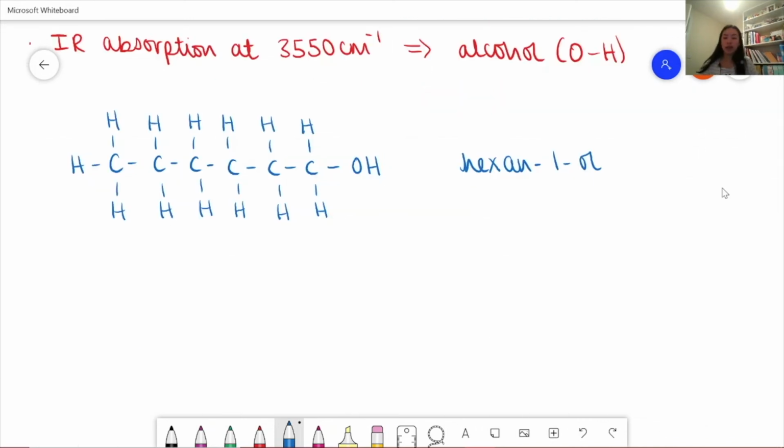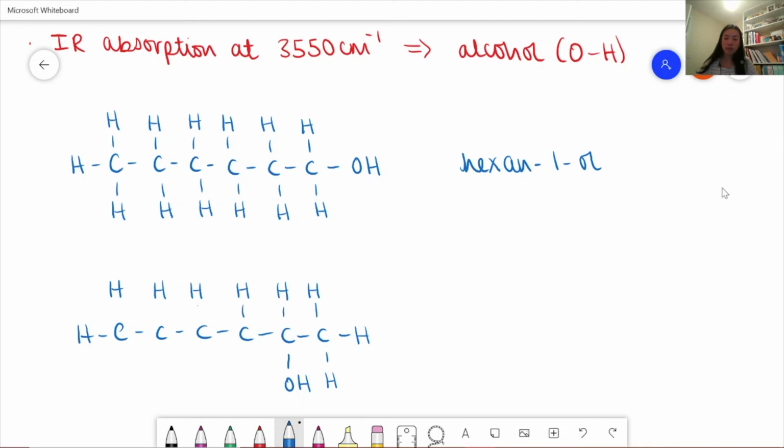It could also be carbons in a chain again, but this time with the OH on the second carbon, and hydrogens everywhere else. So this is hexan-2-ol.